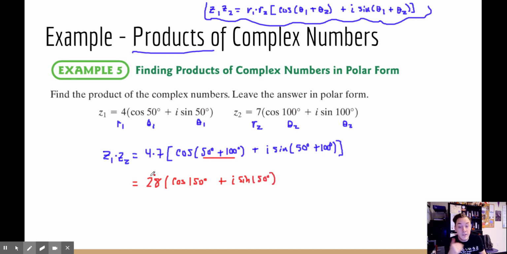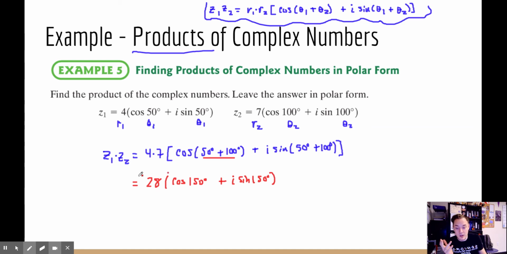And that's it. If I wanted to evaluate this to find the resultant, something that we're going to be doing tomorrow, the resultant vector, I could just simplify this and get my rectangular form of when I multiply these. That's kind of advanced.